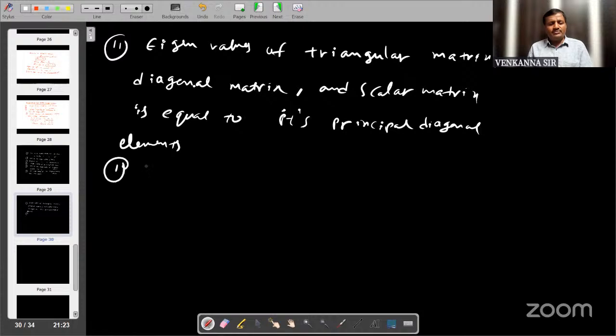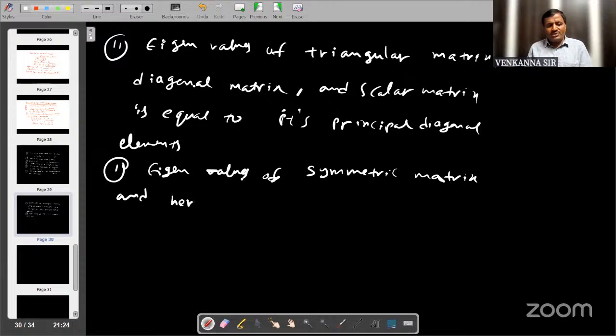12th one: eigenvalues of a symmetric matrix and Hermitian matrix are always real.